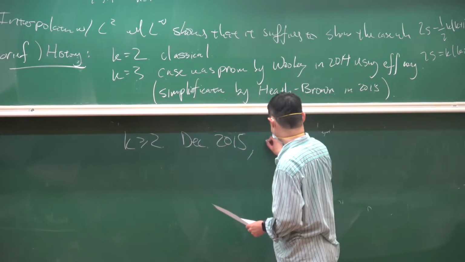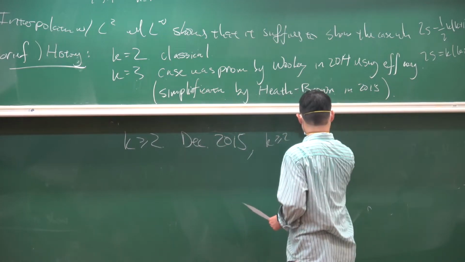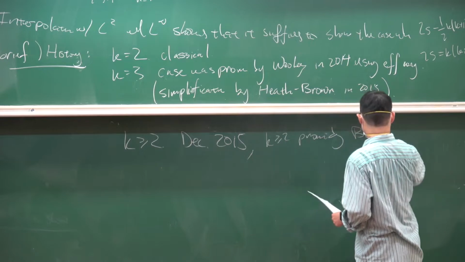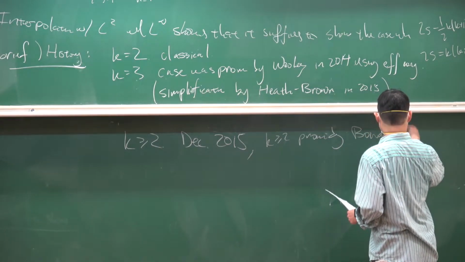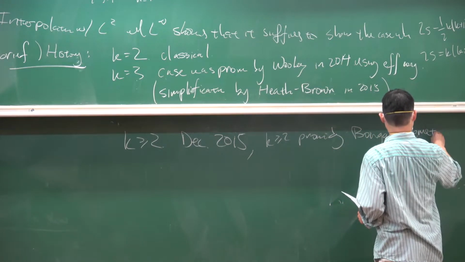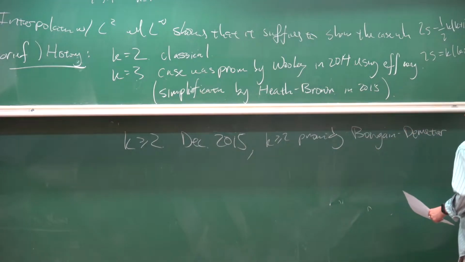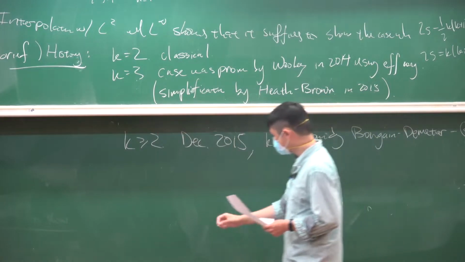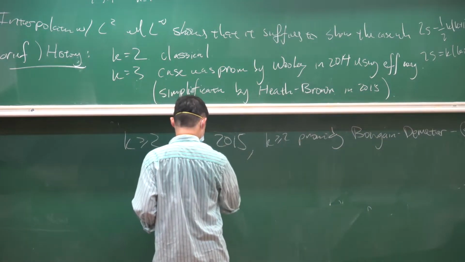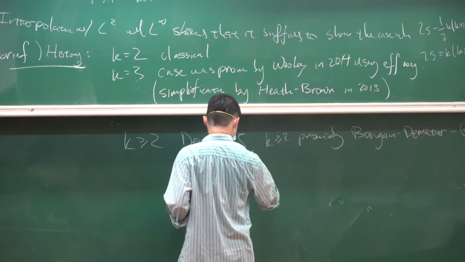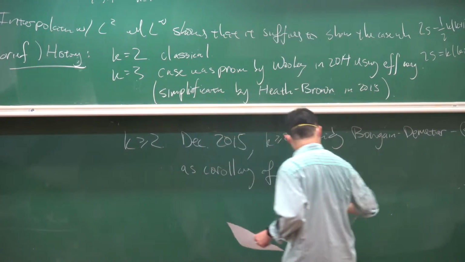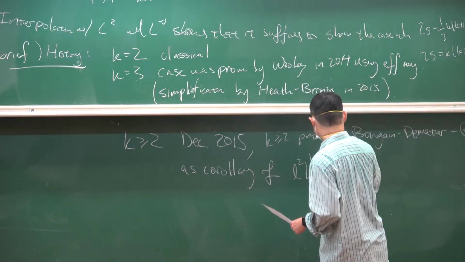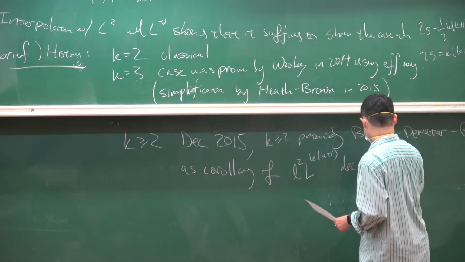So the k equals 2 case was proven by Bourgain, Demeter, and Guth, Larry Guth, using as a corollary of L2 to L k times k plus 1 decoupling for the moment curve.